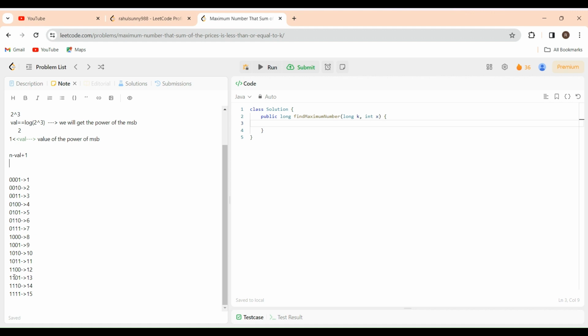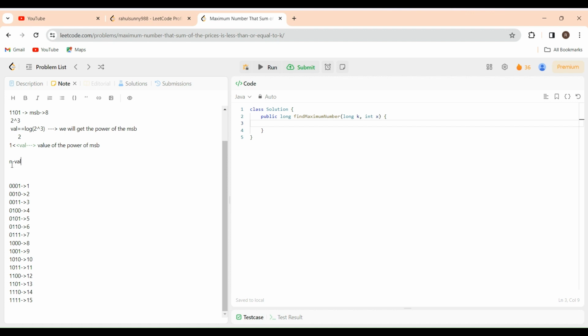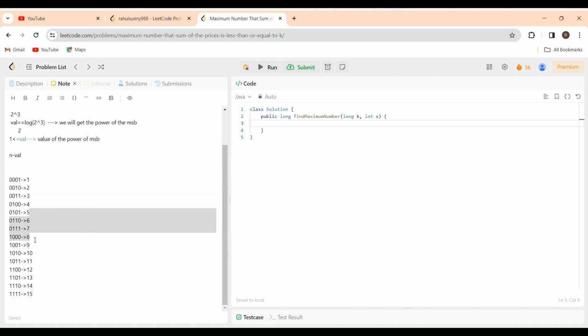If we calculate the set bits from 5 to 13, 1 2 3 4, 1 2 3 4, if we consider n minus 5, from 5 to 13, if we consider the set bits 1 2 3 4 5 6, up to 5, and we should not include 5 here, okay?